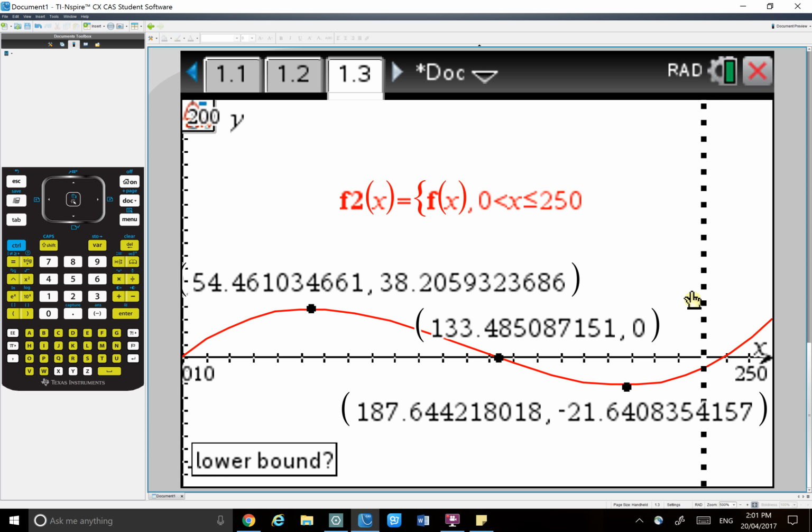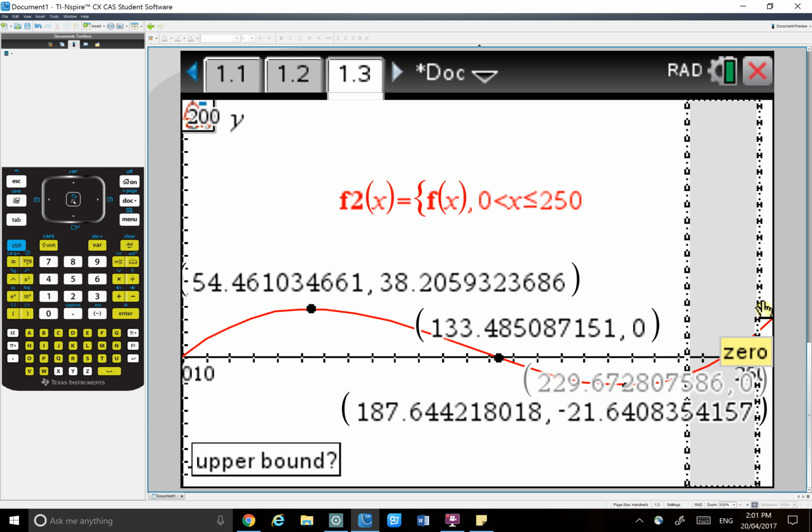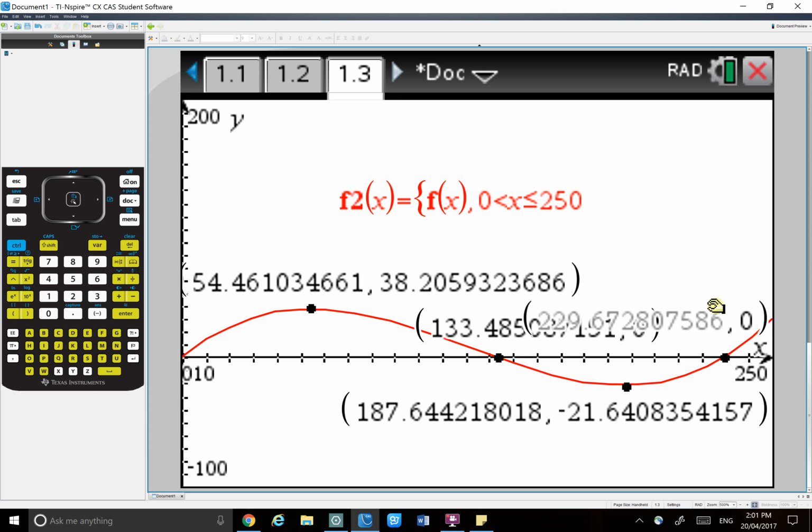Wait, the lower bound is to the left, and then go to the right. That's 299.6728. Okay, so I have 2 x-intercepts.